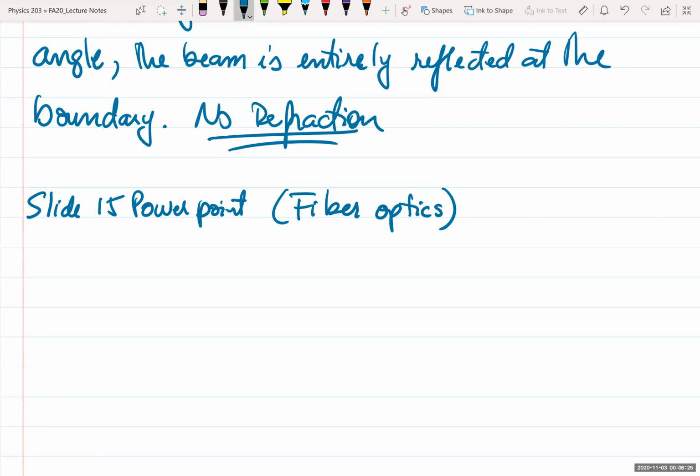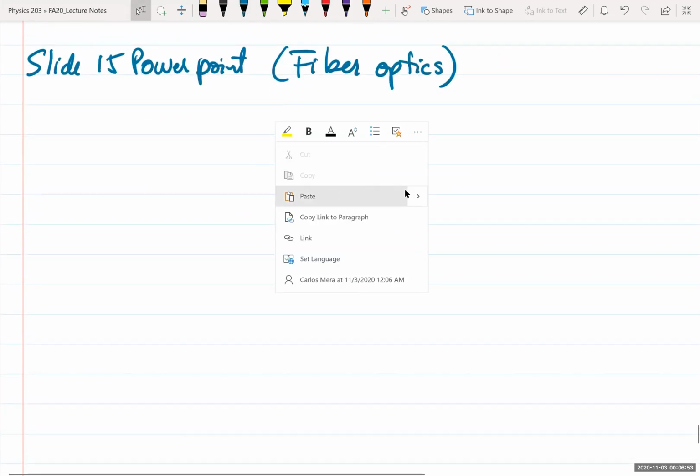As the beams are transmitted through the fiber optic lines, they're internally reflected. You don't want any of the light to come out of the cable, because then you lose data. The data, in the form of light, is transmitted from one point to the other. Let me just put the picture up so that you have it, but like I said, I don't discuss much of it.